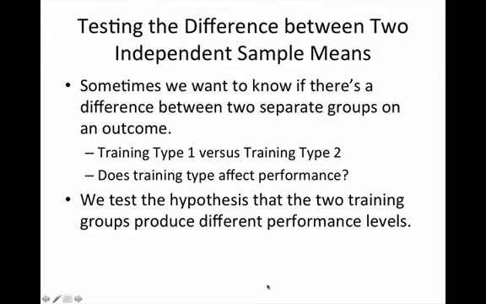Now, sometimes I want to know whether or not there's a difference between two independent samples means, in which case I have a situation like this. I have group 1, which produces a mean for group 1, and I want to test the hypothesis that that sample is equal to the second sample. So say, for example, I have software business, and I'm comparing it to production.